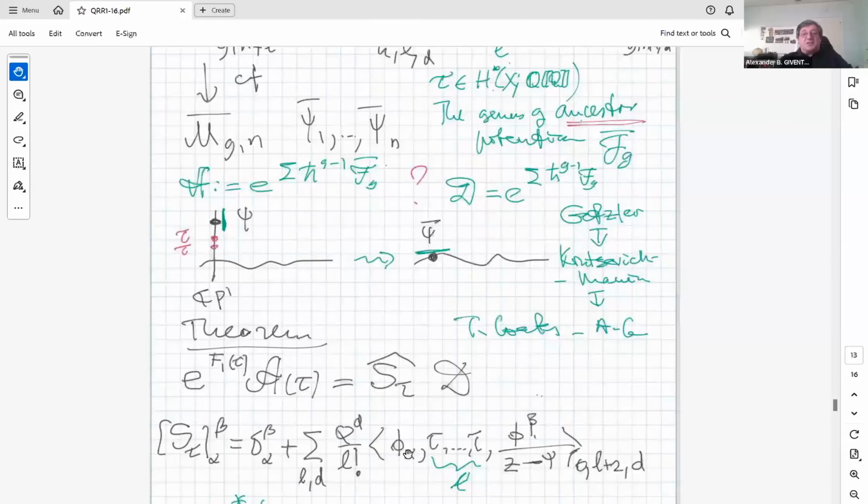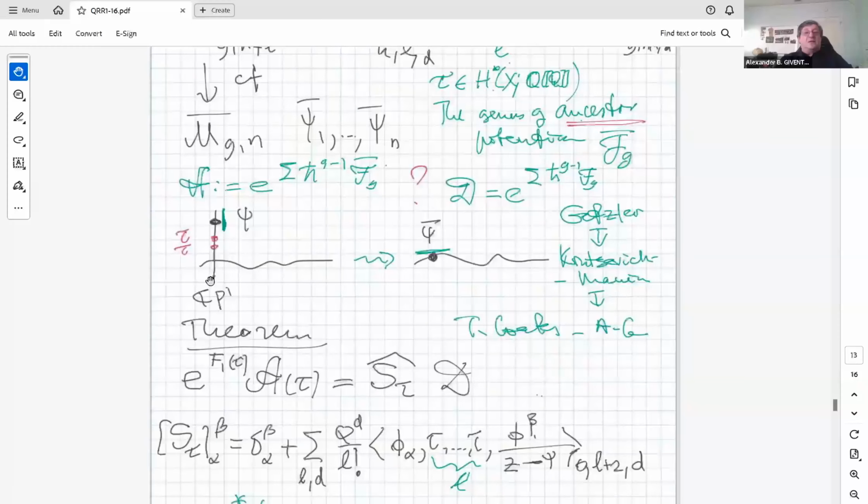But in addition, there are 2 more marked points. One carries just some basis class phi alpha, so it's one of the indices of the matrix. The other carries whatever expression you want, some general expression involving psi classes.